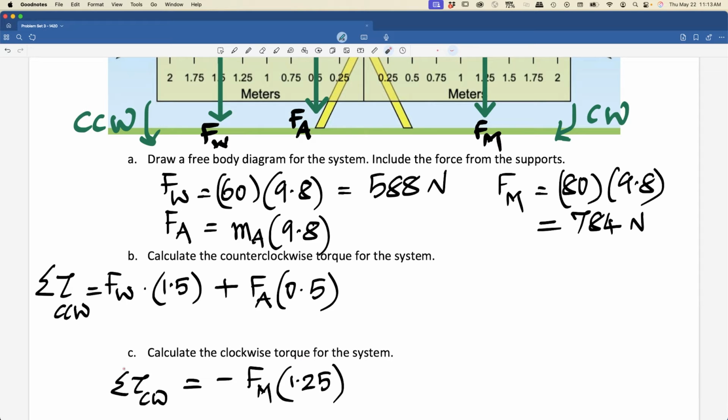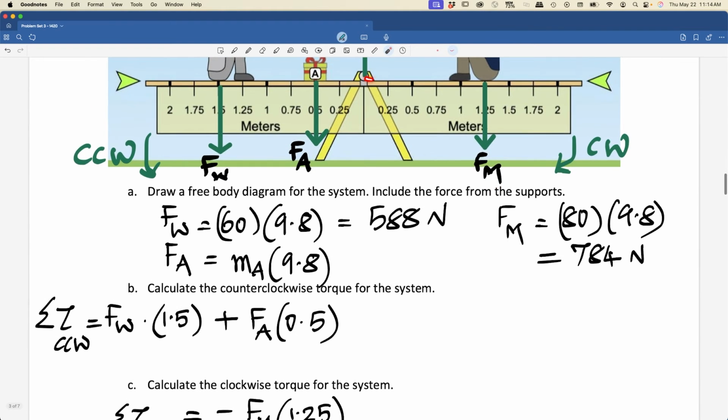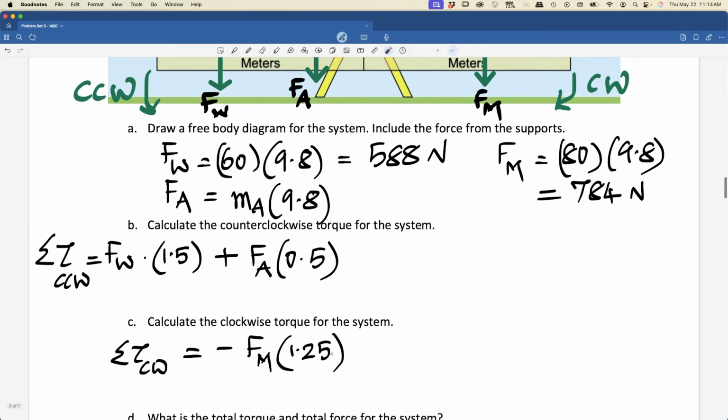So the net torque clockwise is negative, F sub M times this distance, which is 1.25. In place of F sub M, you're going to put the number 784 because we already calculated that. And then you would get negative something, which is the answer.